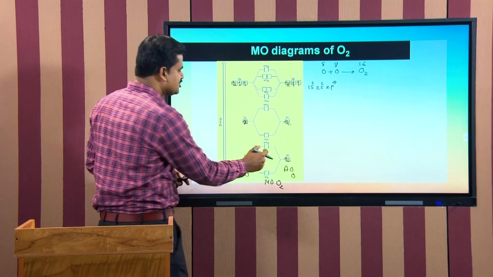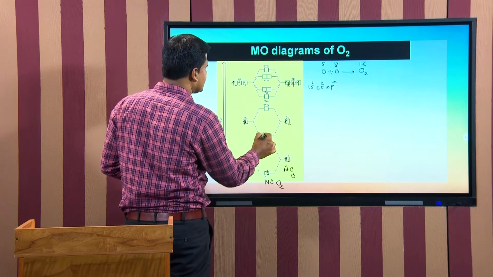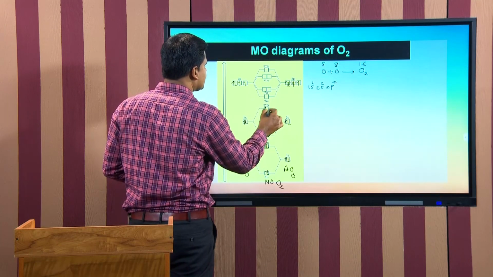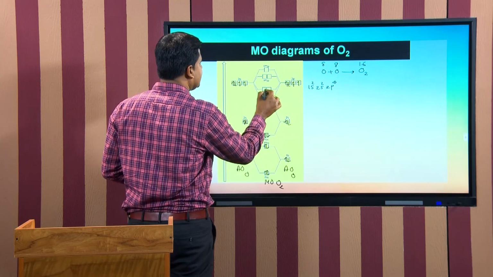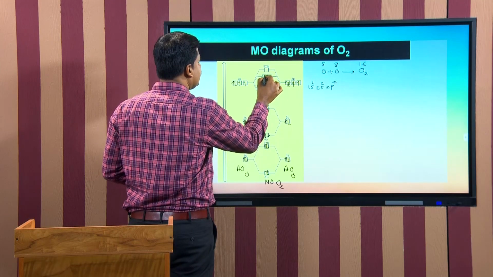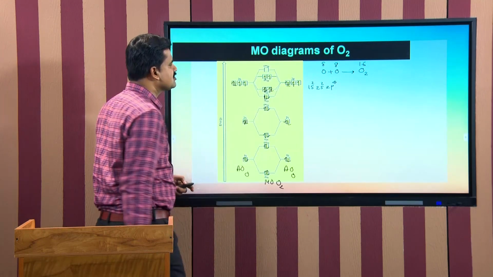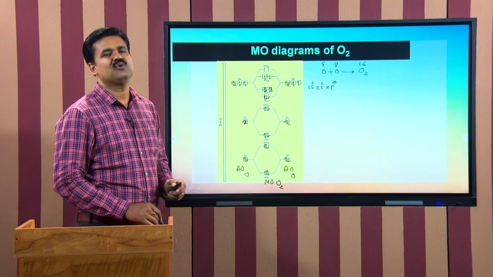So the arrangement is like this: sigma 1s2, sigma star 1s2, sigma 2s2, sigma star 2s2, and so on, filling 2, 4, 6, 8, up to 16. So this is the molecular orbital diagram of the oxygen molecule.